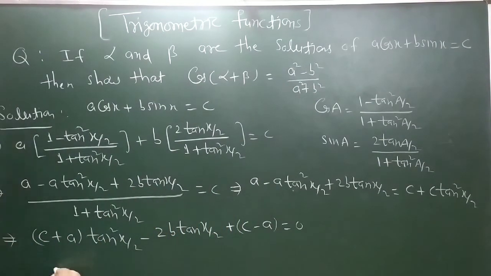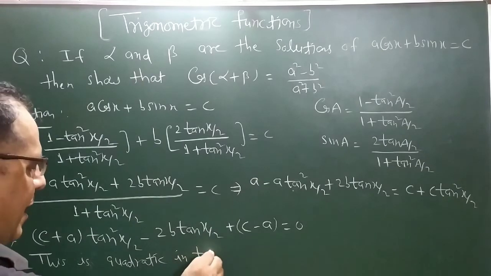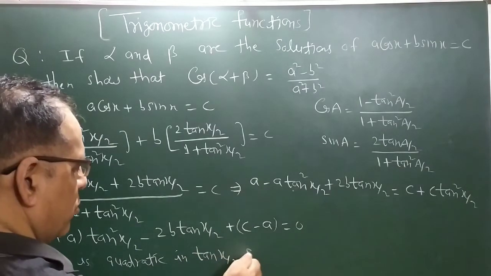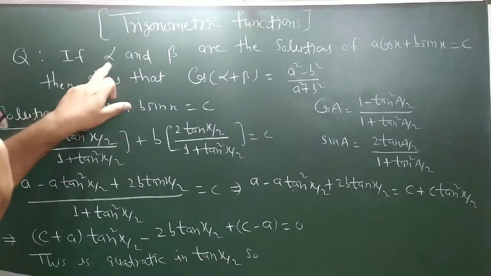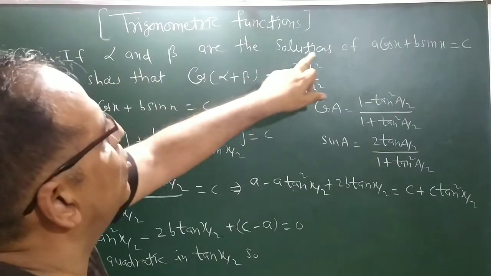So now this equation is quadratic in tan(x/2). According to the given question, alpha and beta are the solutions of the equation.